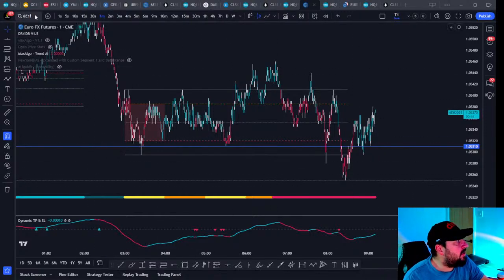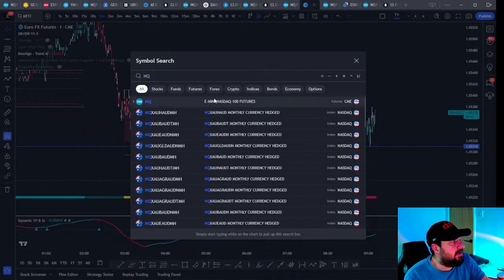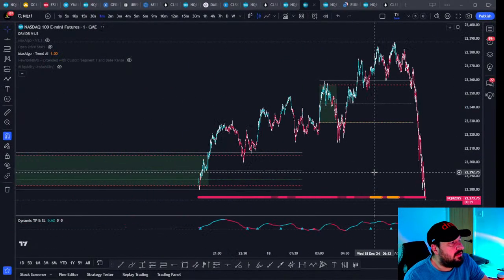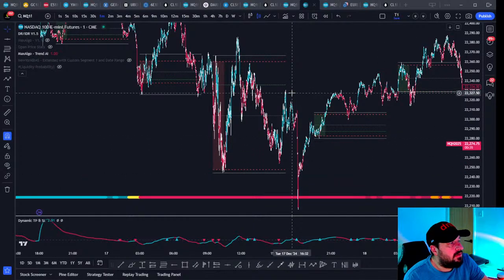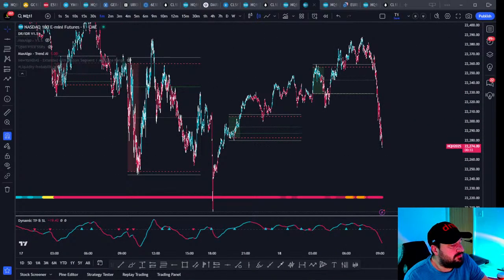We can do this with a few other pairs. Let's have a look at NQ, see where the gap is currently.